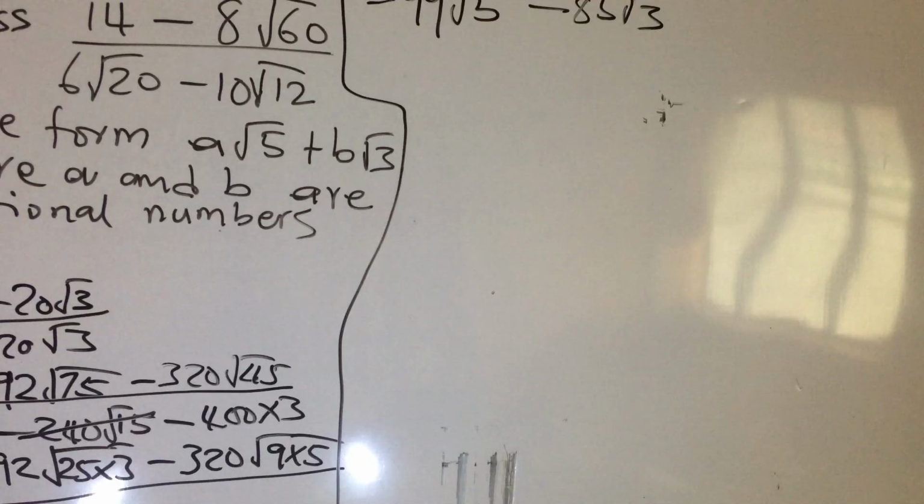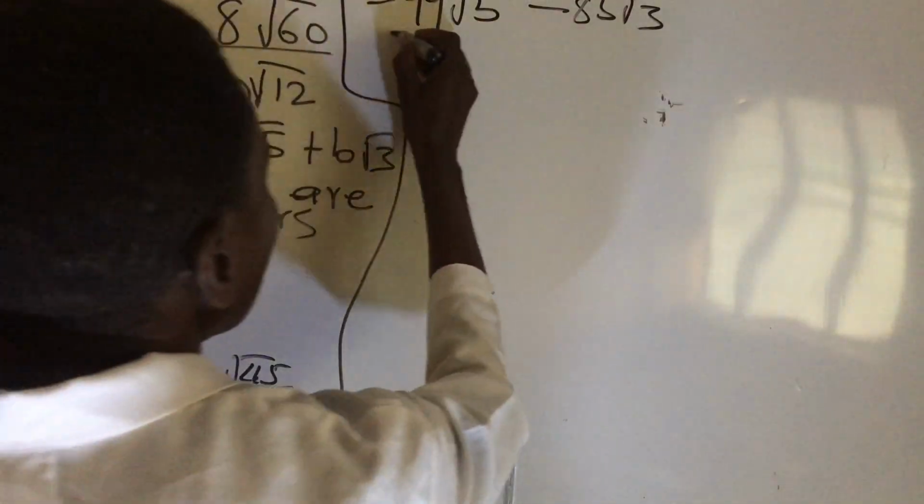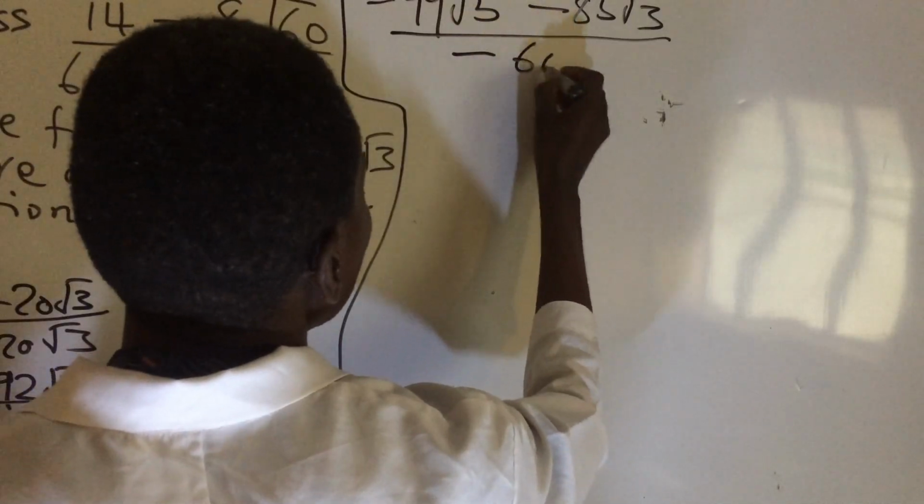The same 8 divides 480, we now have minus 60 all over minus 60.